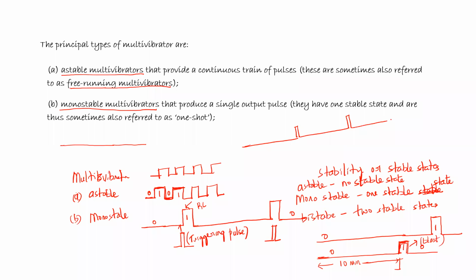This can be designed for 10 minutes. This has to be 0. At the 11th minute, when it becomes the 11th minute, it has to go to 1 at the input, and again become 0. This type of thing we can design using multivibrators only. So this itself is the input, and depending on this input, we can generate a monostable output.